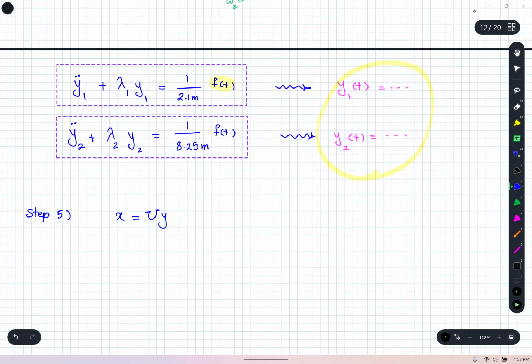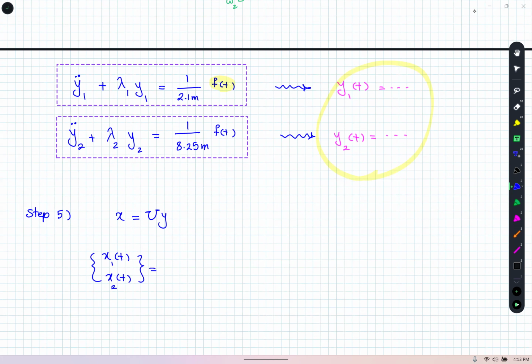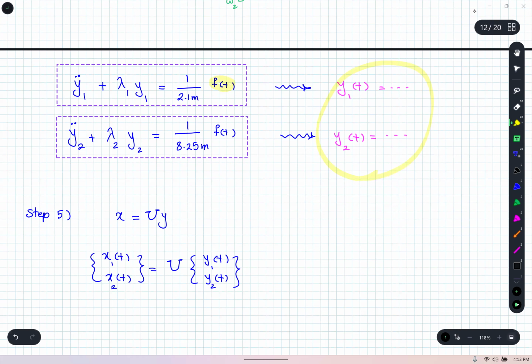So my x1(t), x2(t) is equal to the modal matrix u times y1(t) and y2(t). And since we already have u, we should be able to find the values of x1 and x2.